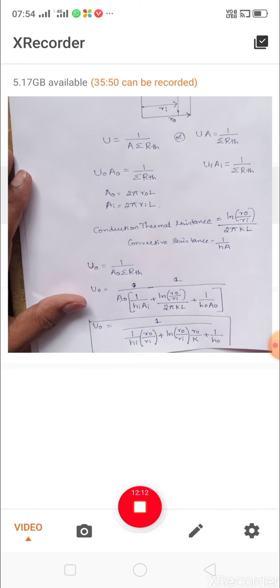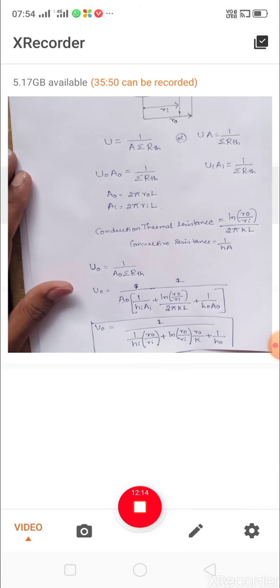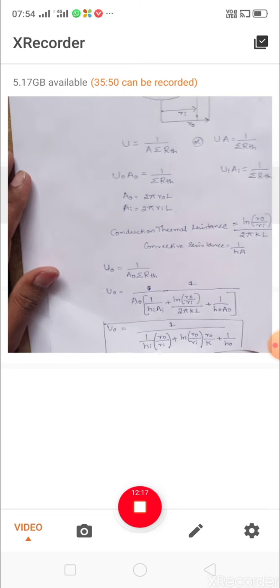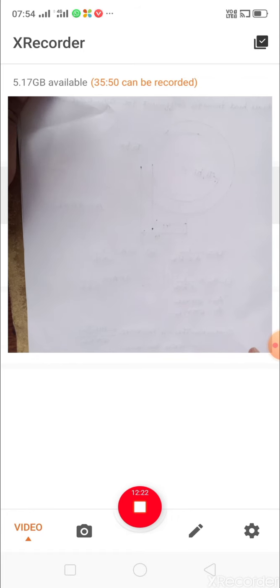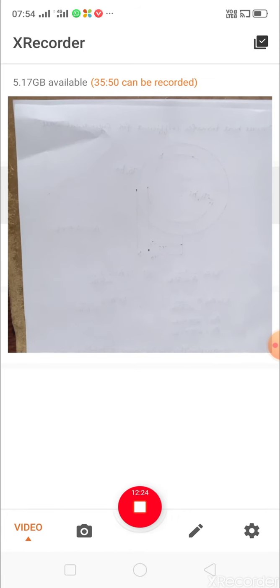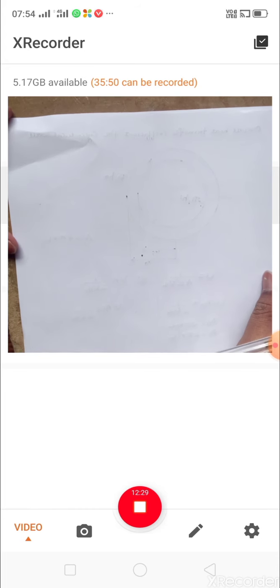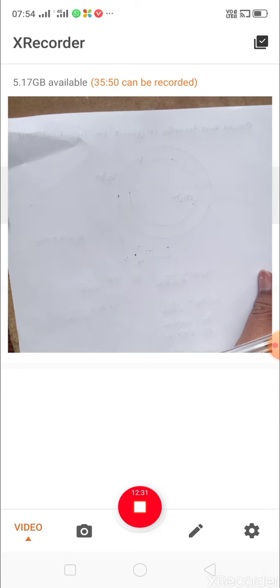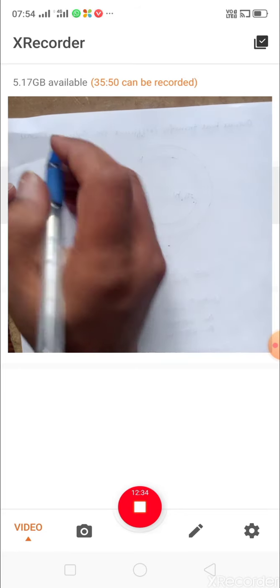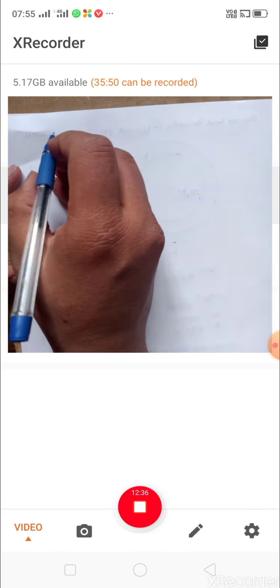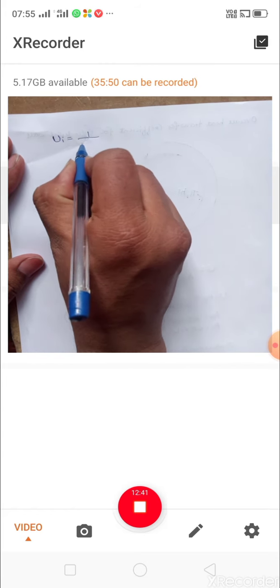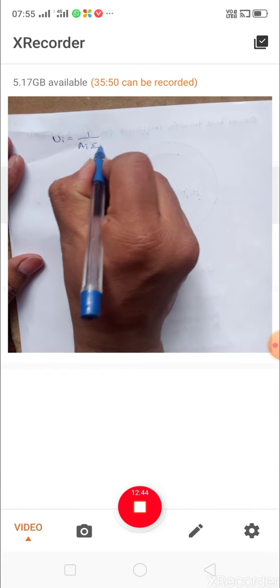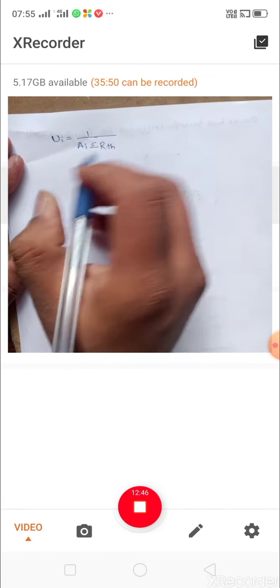Now let us write the overall heat transfer coefficient for the inner surface of the cylinder. It is given by Ui is equal to 1 divided by Ai into sigma of thermal resistance.